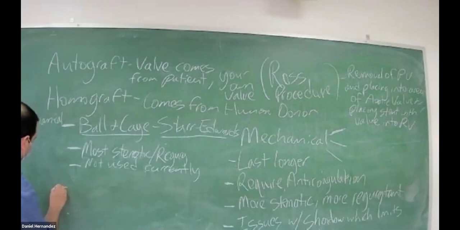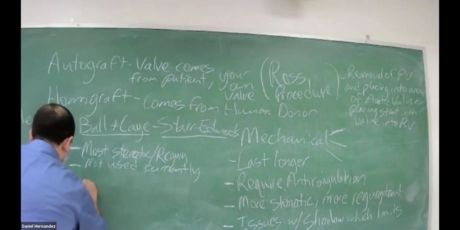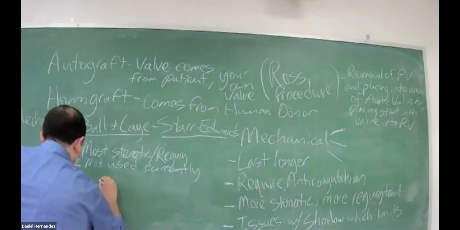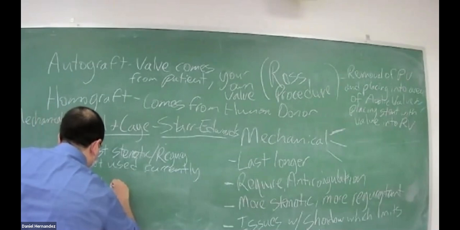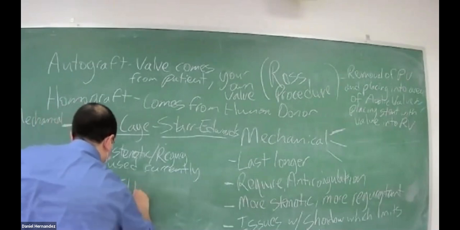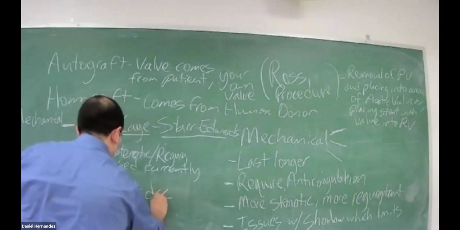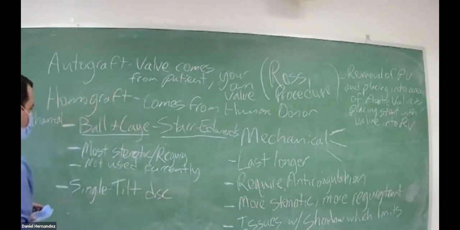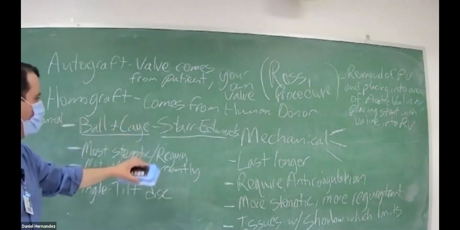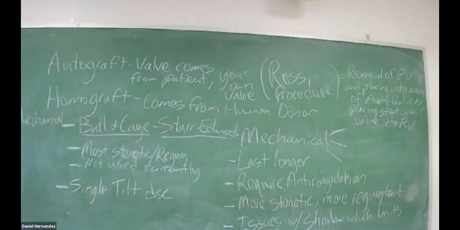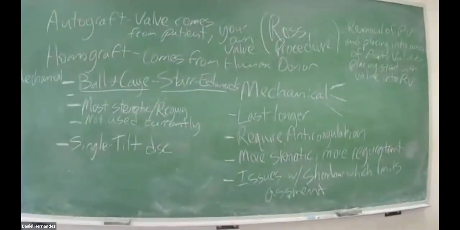So the next valve is going to be our single tilting disc. This was an improvement on that first valve, the ball and cage, the Starr Edwards valve. The ball and cage was our first attempt at creating primarily an aortic valve.